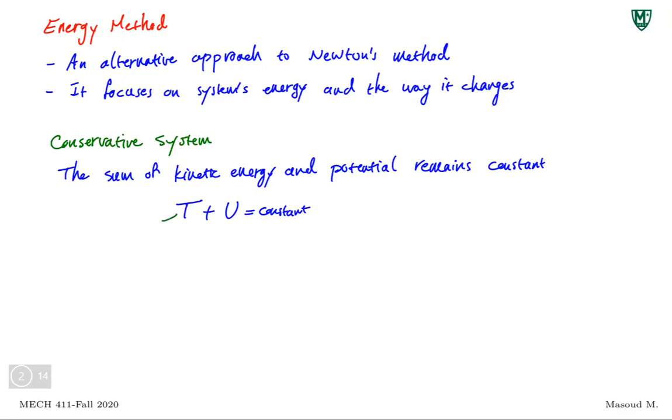This is representative of the kinetic energy of the system. And this is representative of the potential energy. Now, if I take the derivative with respect to time, well, the right side is constant, so its derivative with respect to time doesn't change over time, becomes 0.